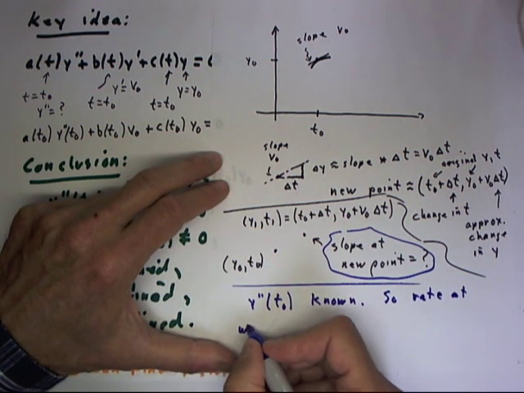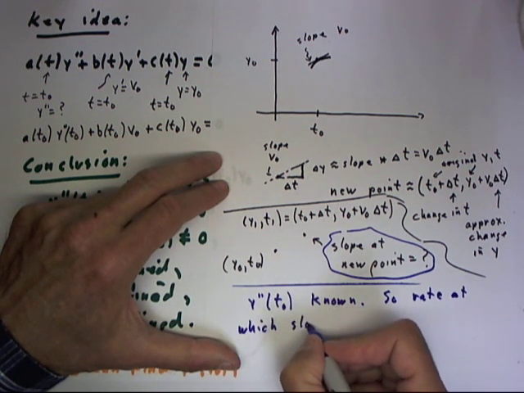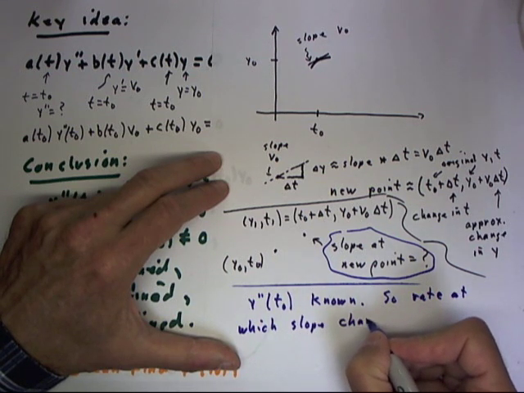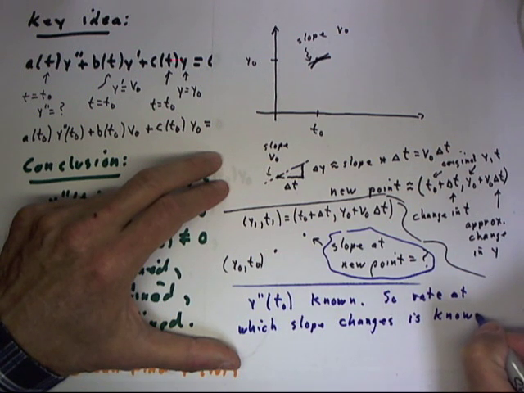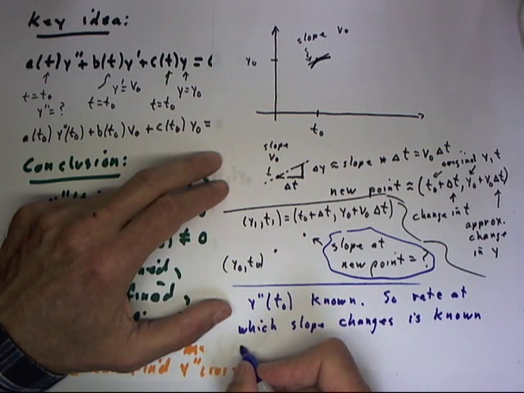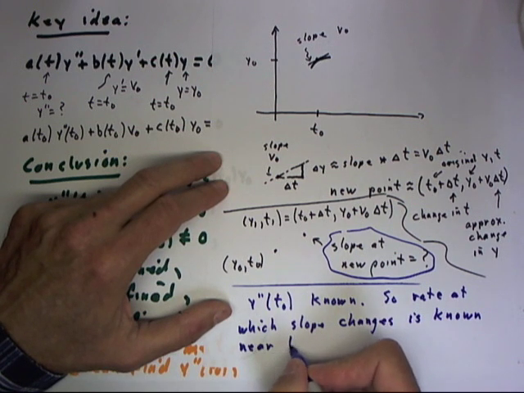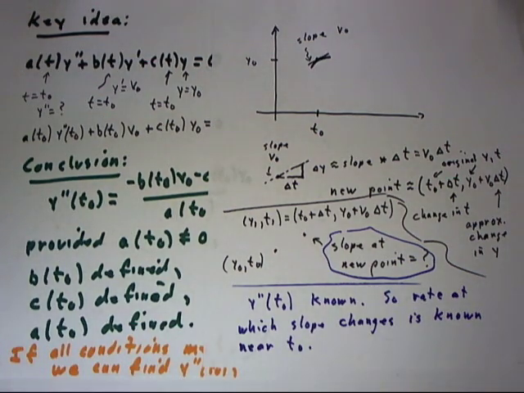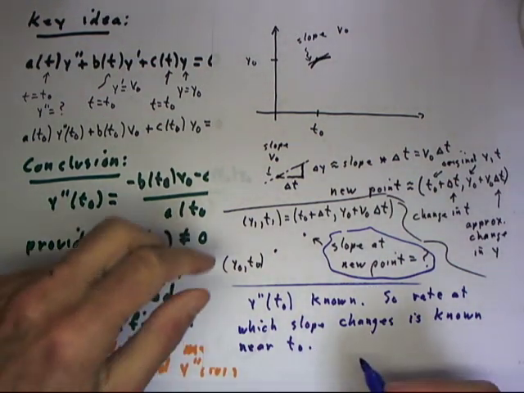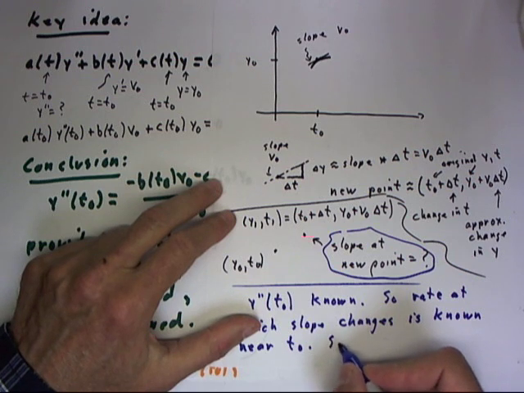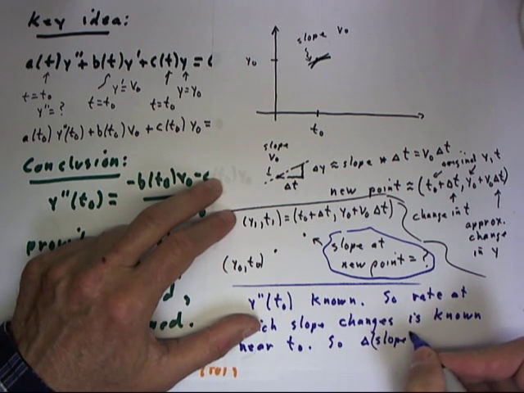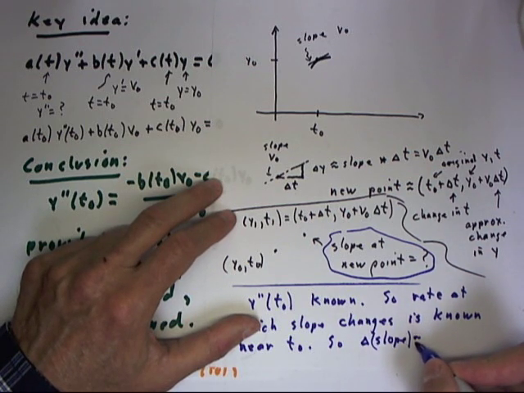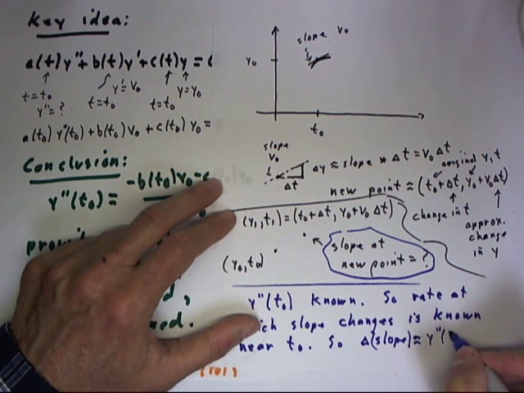So the rate at which the slope changes is known near the point t naught. So the slope change, which I'll write as delta slope, is approximately equal to y double prime at t naught times delta t.